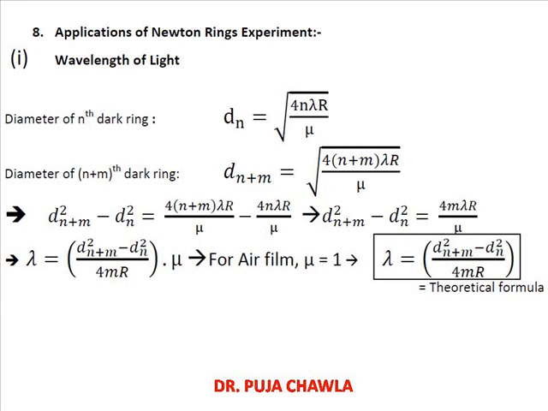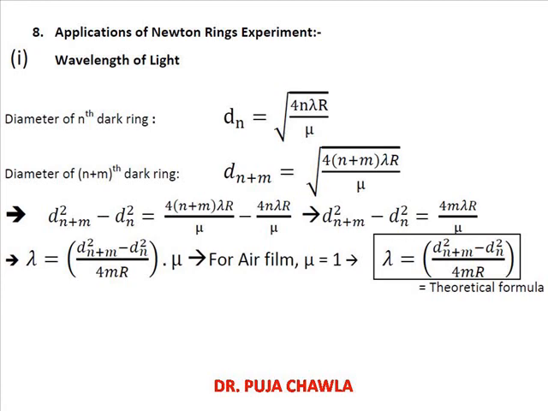Now, if I find dn plus m square minus dn square, the common term 4n lambda R would cancel, and the remainder is dn plus m square minus dn square equal to 4m lambda R by mu. If I keep lambda on one side and bring all other terms to the other side, the formula is lambda equals dn plus m square minus dn square over 4mR into mu.